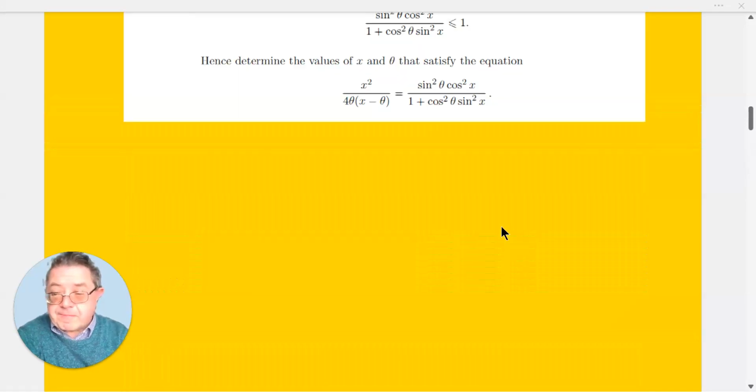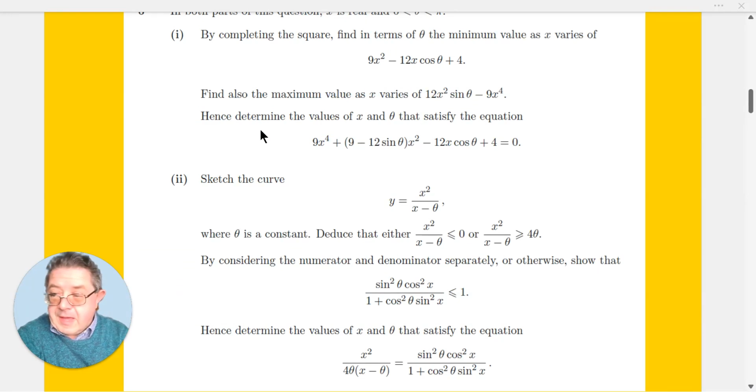Okay, next part says, hence, that means use what you've just done, determine the values of x and theta that satisfy this equation. It's a quartic equation. Hopefully you spot that it is equivalent to the first expression equaling the second expression.